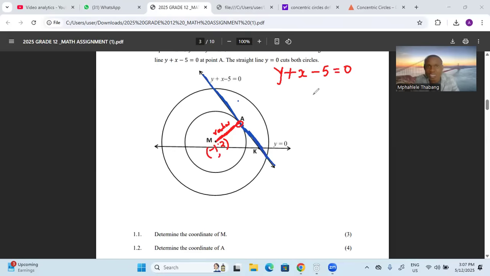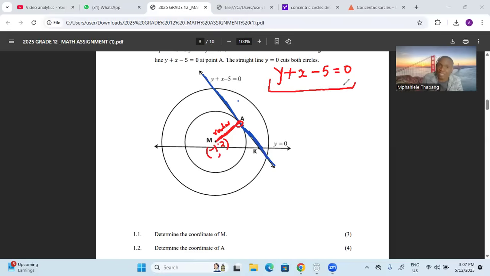Once you notice that the straight line MA is perpendicular to the straight line of tangent, because we said the radius is always perpendicular to the tangent. The tangent is this line y plus x minus 5 equals 0. So let me put this equation in the standard form.